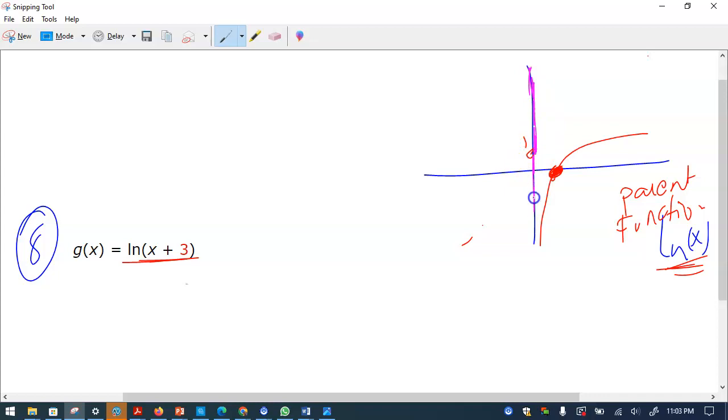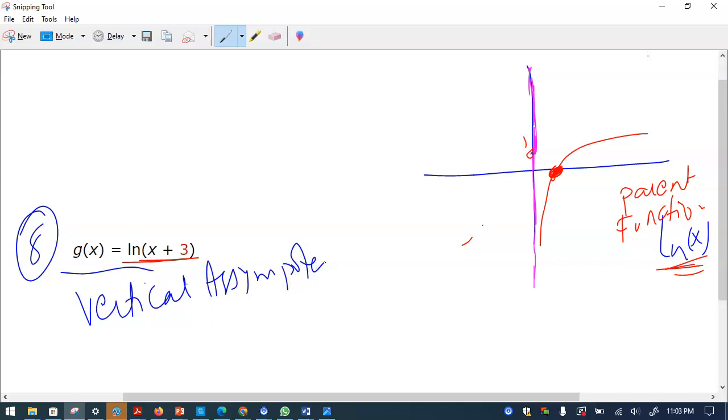This is the vertical asymptote for the ln function. So the question is, how does the graph look like, and what is the vertical asymptote. What else they can ask you is the domain and the range.